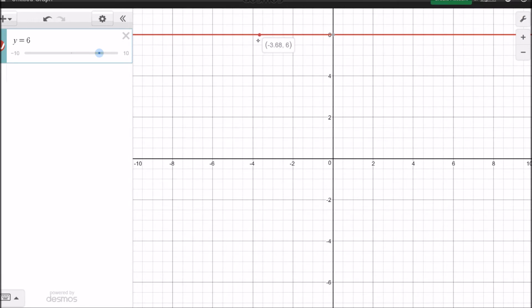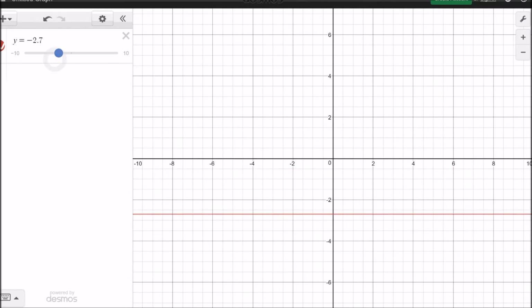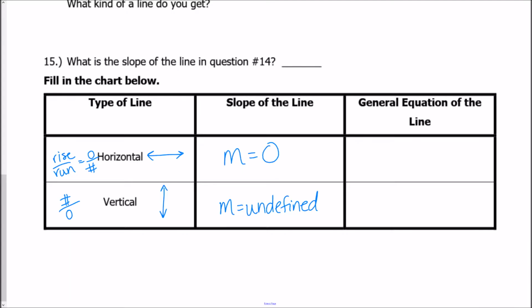It's constantly 6. So in this example, y will equal whatever the y-intercept was. If the y-intercept changed, let's say the y-intercept was negative 2.7, for example, the y value will always be negative 2.7, which is your y-intercept. So your equation will always end up being y equals b, okay?